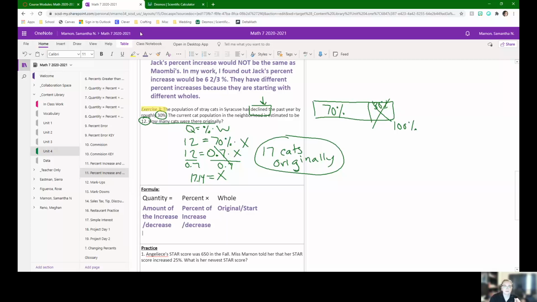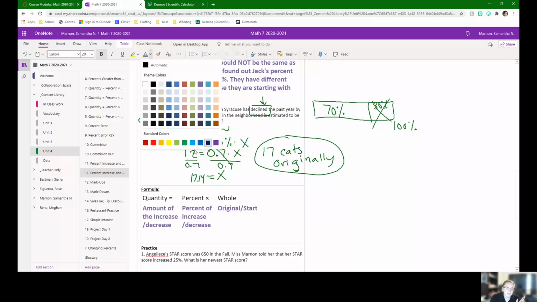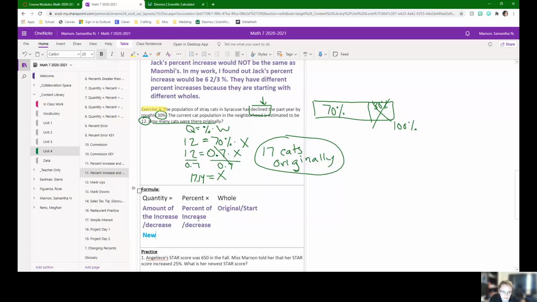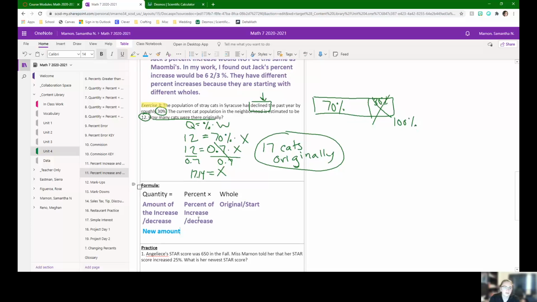But there are some other things that this could also be. Like we just saw in the last one, sometimes it's a little bit different. So let's write this in a different color so we can see. So sometimes the quantity is the new price or the new amount, right? And when they give us the new amount, our percent that we're going to actually use is not going to be the percent in the problem. It's going to be 100 minus or 100 plus.